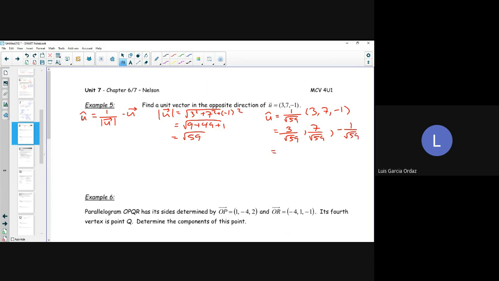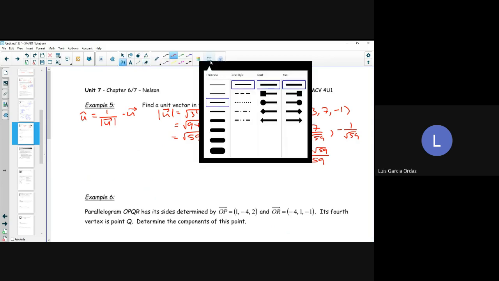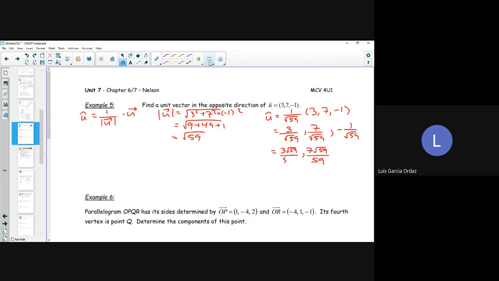Or if I want to bring the radicals to the top, it's 3 root 59 over 59, 7 root 59 over 59. My apologies, do not listen to me on that one. It should be 59. And negative root 59 over 59. So this is for unit vector u.